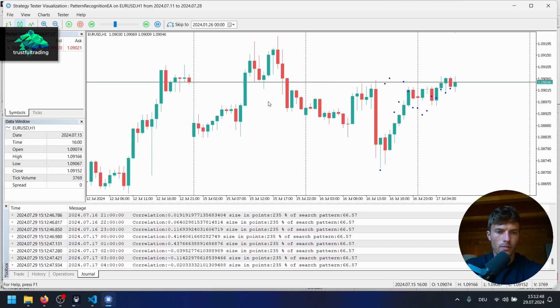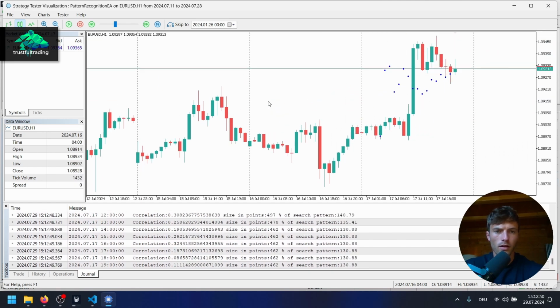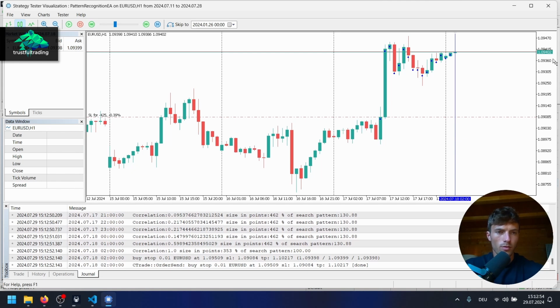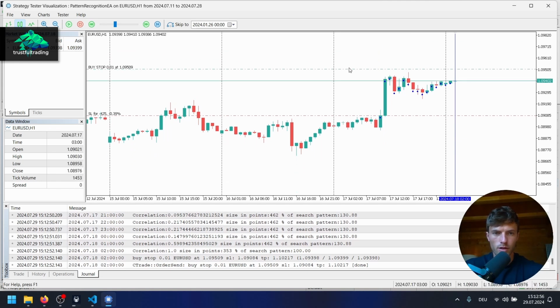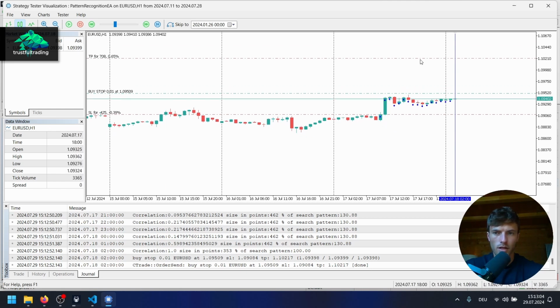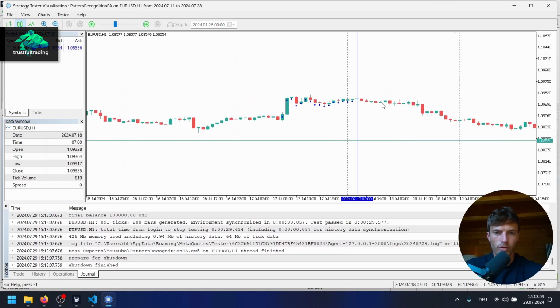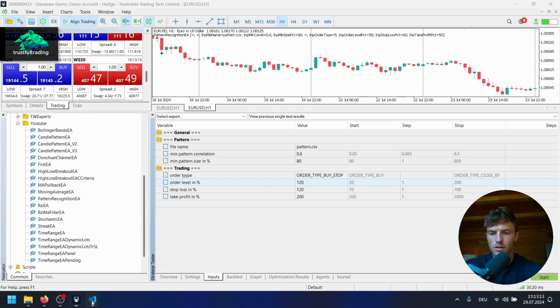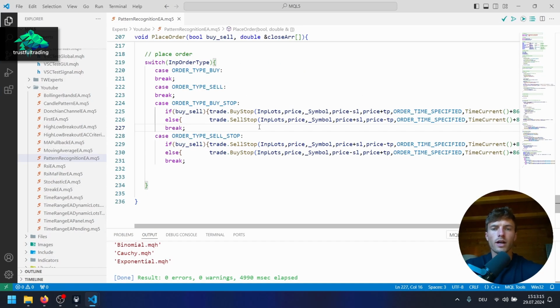So this is our pattern. Okay, we create the buy stop order here, 120%. 0% is our stop loss, and 2 times the pattern size, the take profit. Okay, perfect. The order is deleted after 5 days. This looks good.